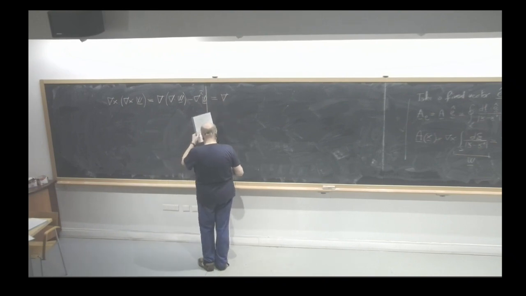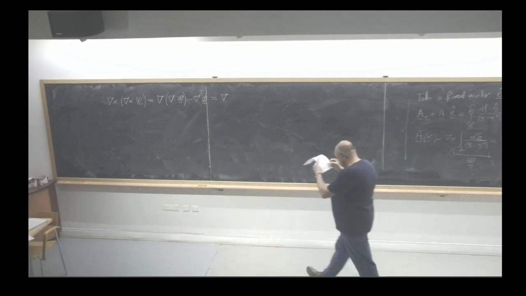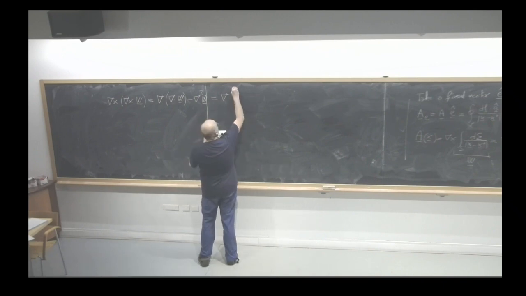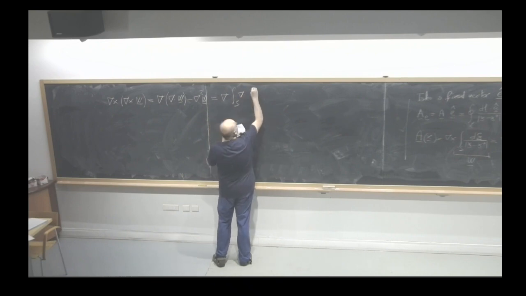We have to replace the W, and so this is the integral over S of dS over |x minus x star|.